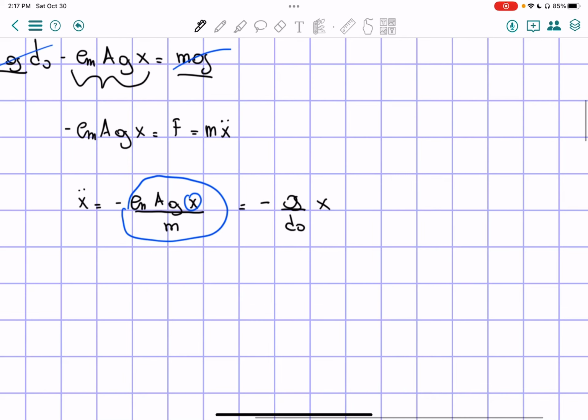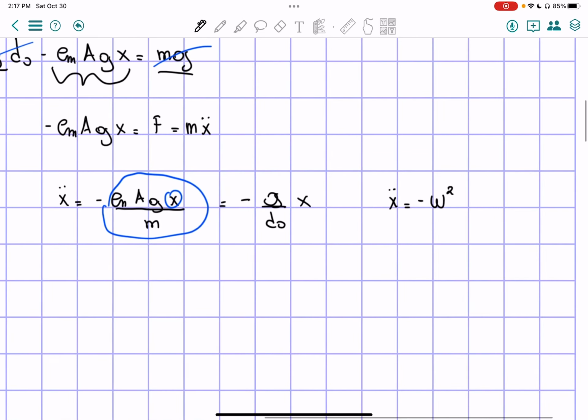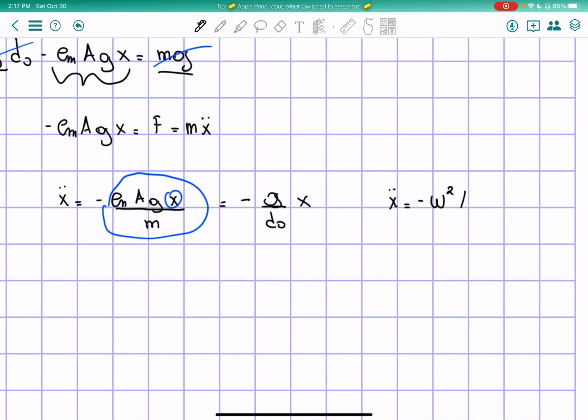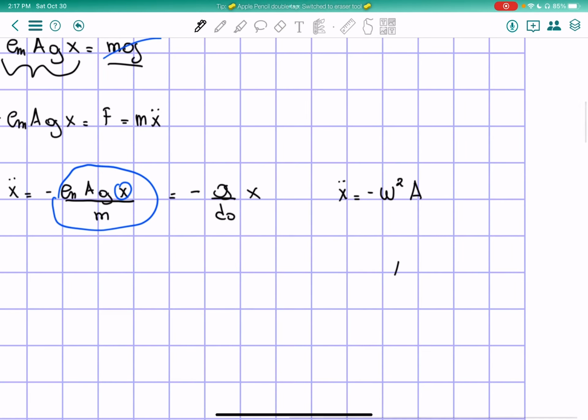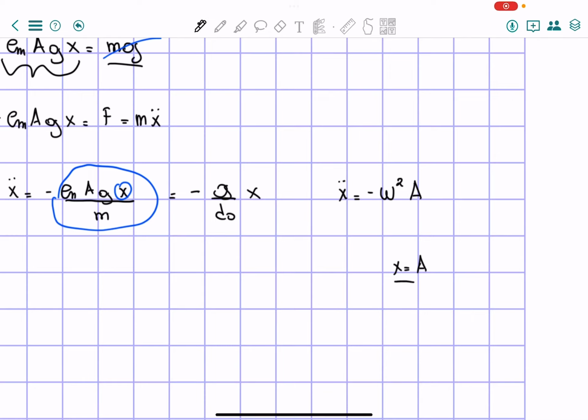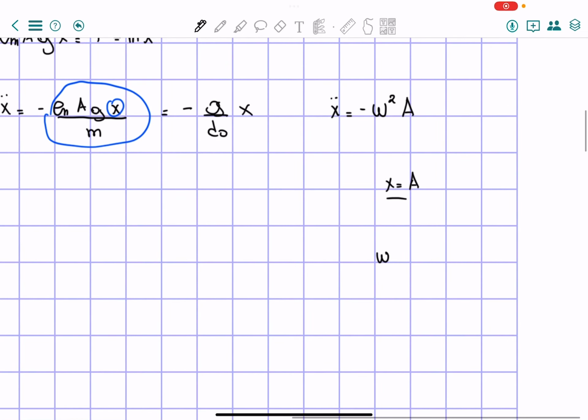Now we know that usually the formula is going to be equal to negative the angular velocity squared times the amplitude, which will be a. But we said that x is equal to a, and so the angular velocity squared is equal to g over d naught.